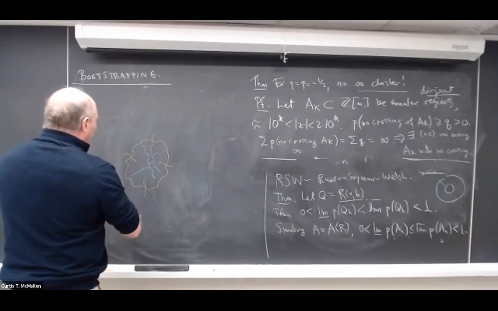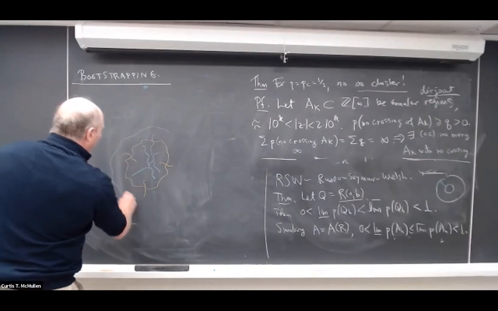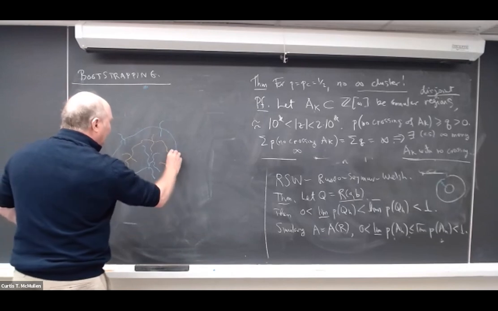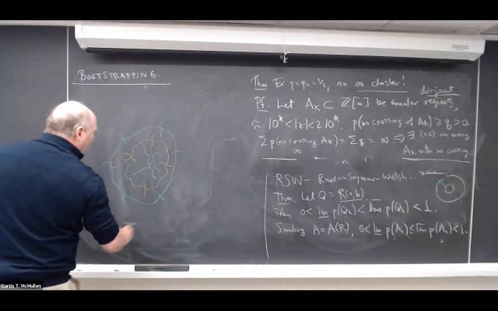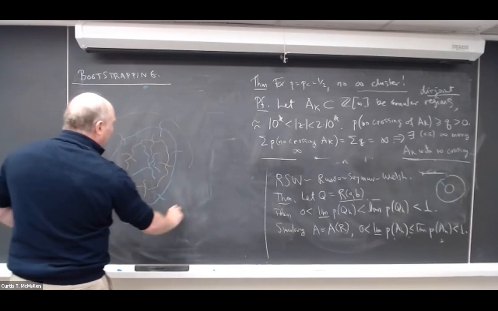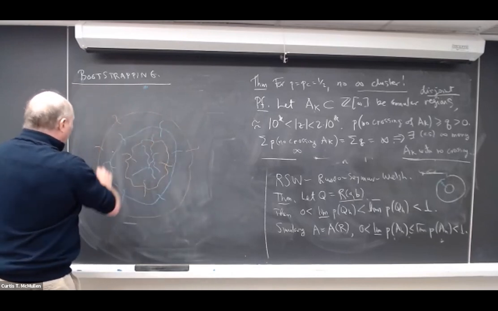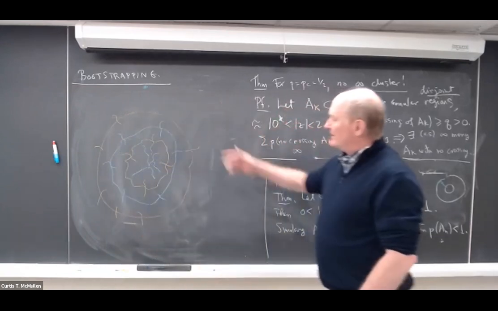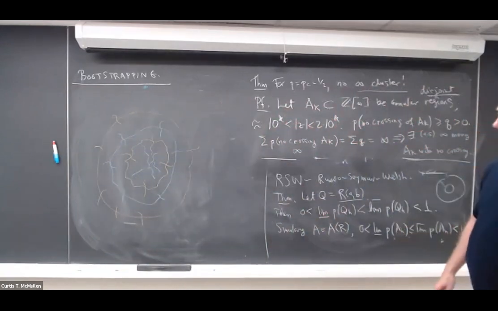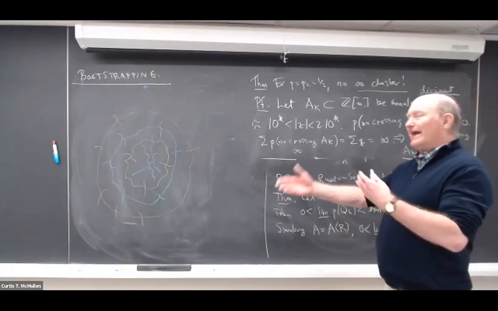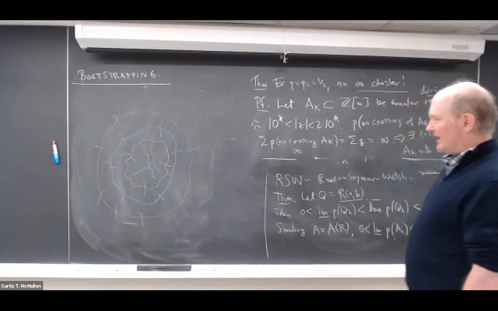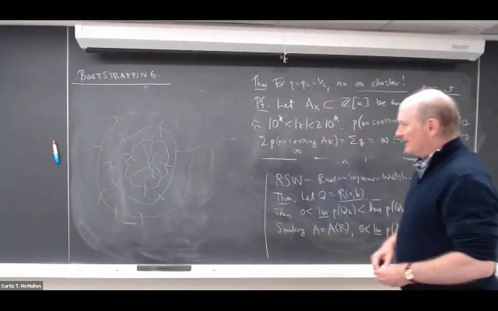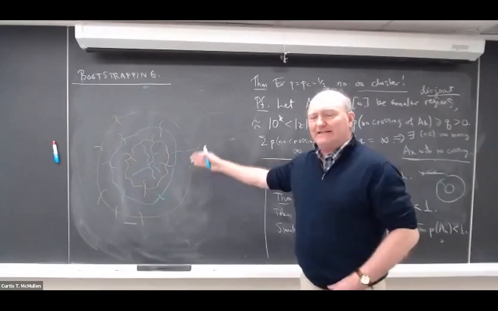And now you might think your opponent is winning. But in fact, there's now an even bigger blue cluster that encloses this. And if you wait long enough, you'll find another complementary cluster that encloses this. So at critical percolation, you have this beautiful property that there's infinite families of nested annuli that alternate in color, where we're coloring the sites yellow and orange, at least in this picture. Okay, so this is the picture of what happens at critical percolation.